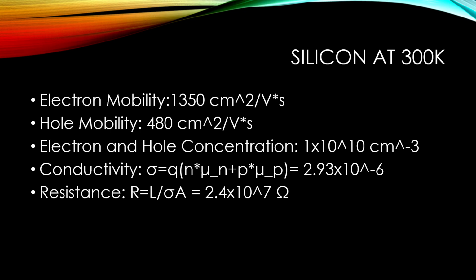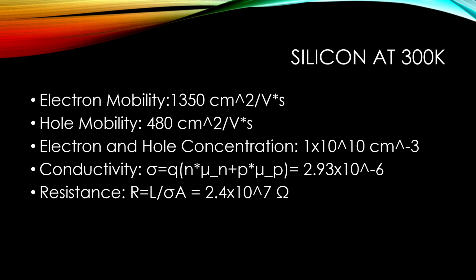Then our conductivity is given by sigma, which stands for conductivity, equals our charge times the quantity of the electron concentration multiplied by the electron mobility plus the hole concentration multiplied by the hole mobility, which gave us an output of 2.93 times 10 to the negative 6.